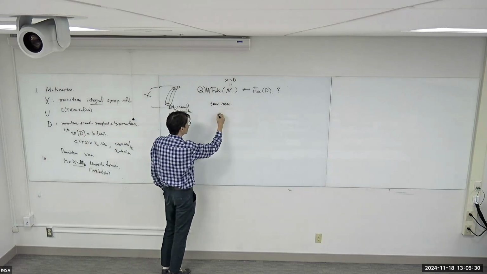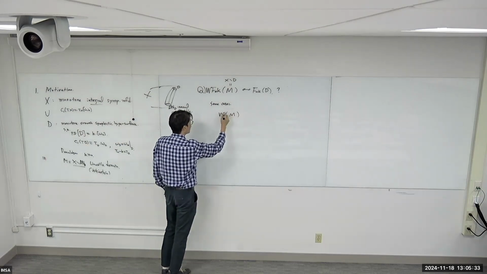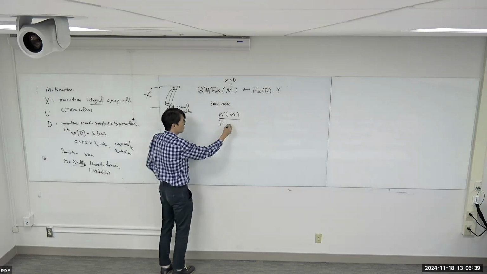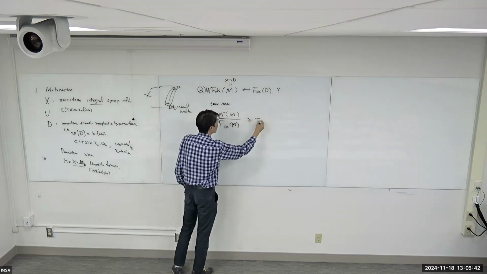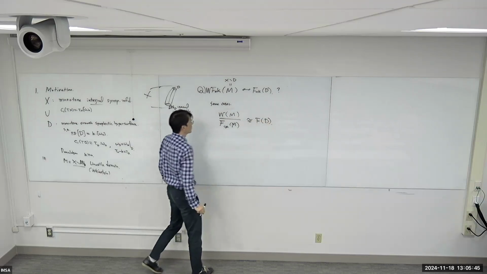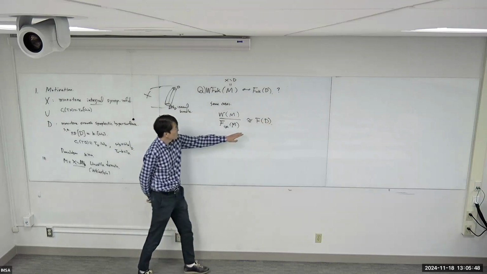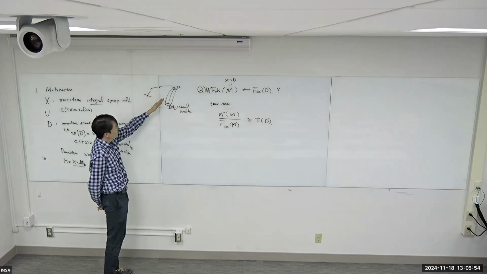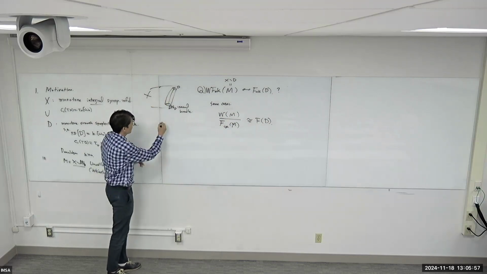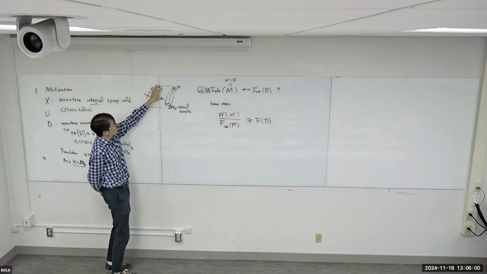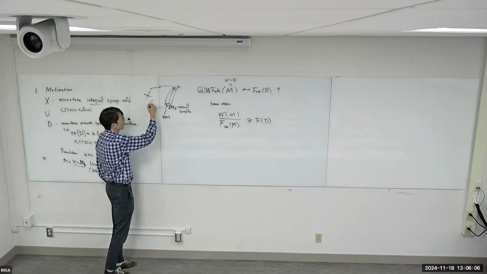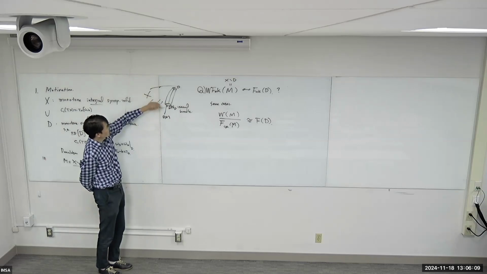In some cases, this wrapped Fukaya category of M divided by the compact Fukaya category of M is expected to give the Fukaya category of D. If you kill something in the compact region, then you should get something at the boundary.